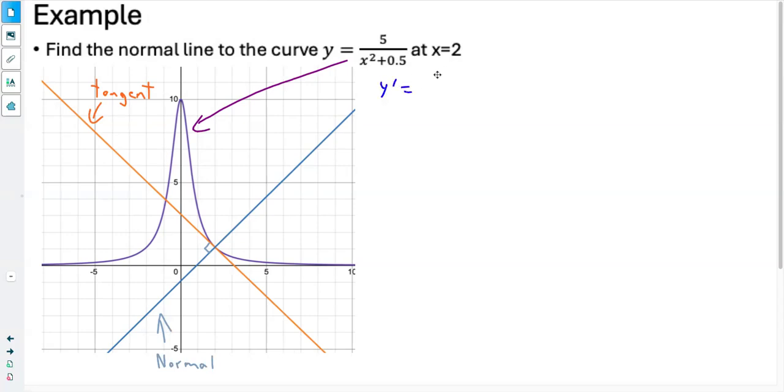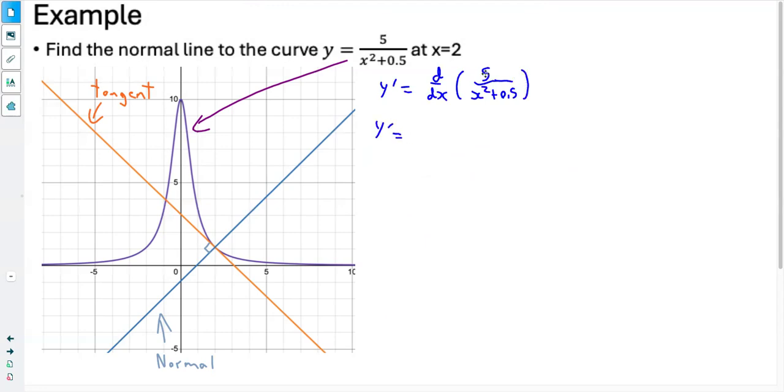So we know y prime is d over dx of 5 over (x squared plus 0.5).